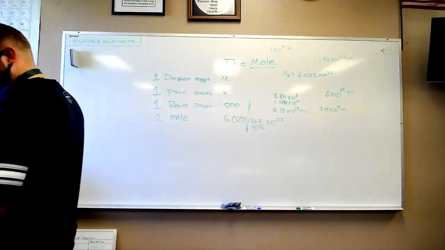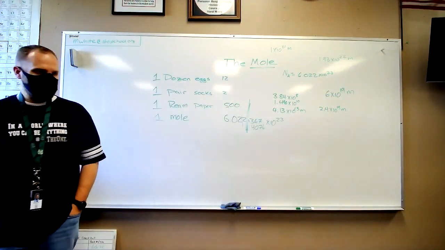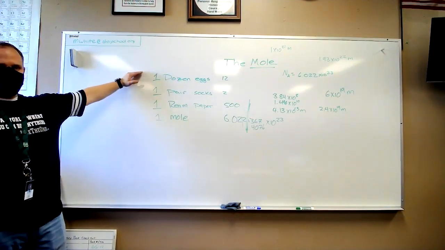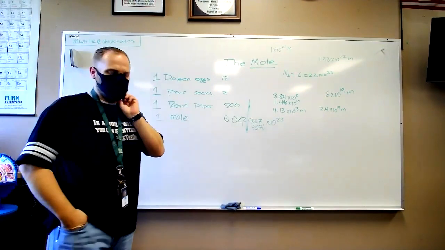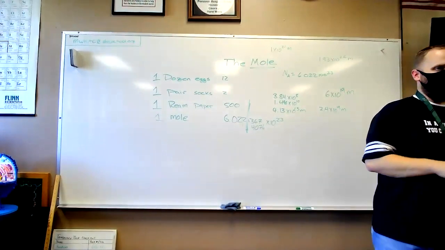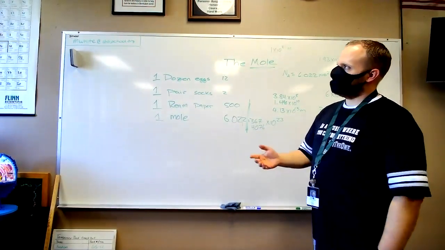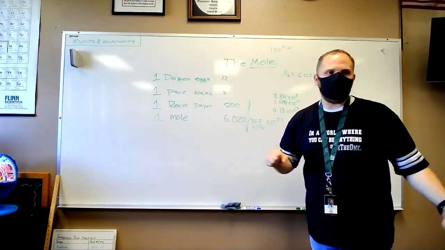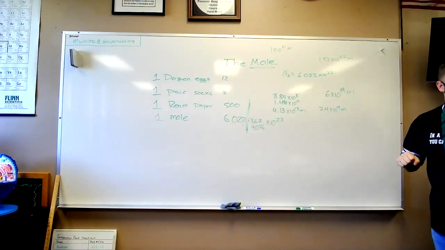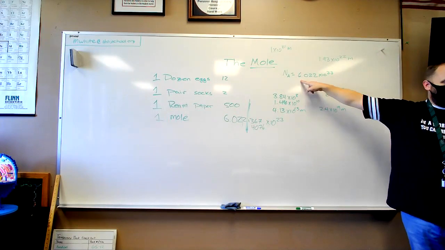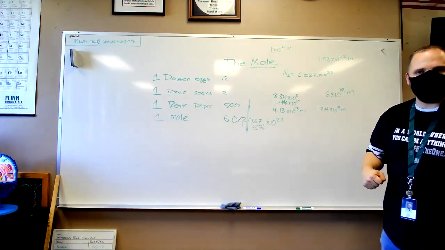Now, remember, this number works exactly the same as any of these other things that you're familiar with. So if you have 1 mole of neon atoms, how many atoms of neon do you have? Yeah, this many. 6.022 times 10 to the 23rd.